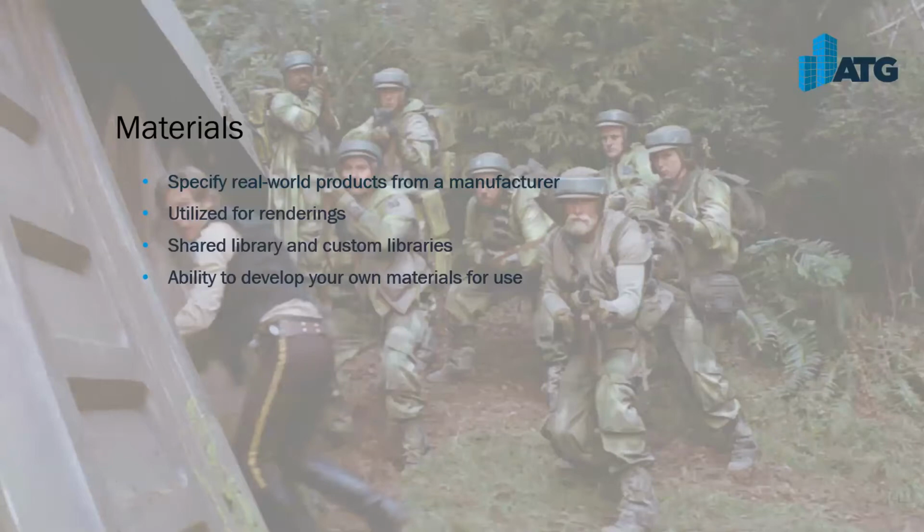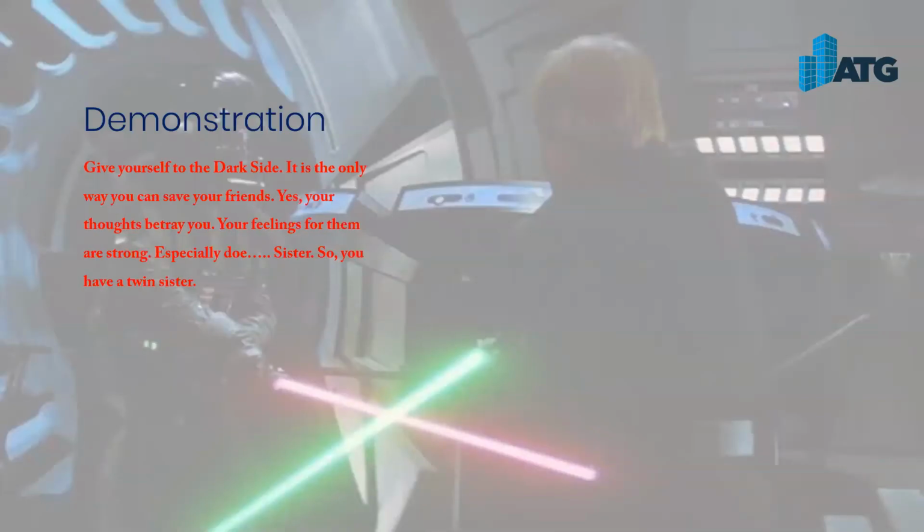And then you can save that to your favorites for future type instances, and be able to go in and reuse that. So a lot of benefits to using materials, and I'll be going through that after we touch on the shared parameters. So I'm going to pop into a demonstration here with the shared parameters.